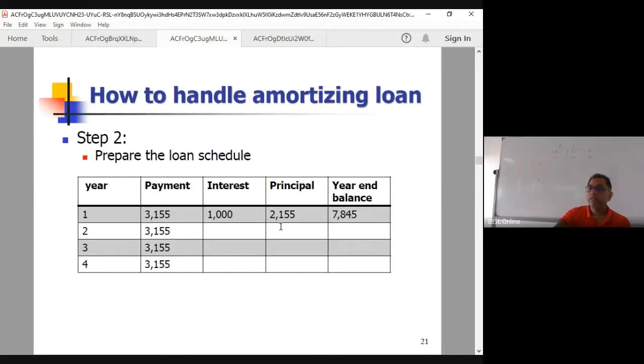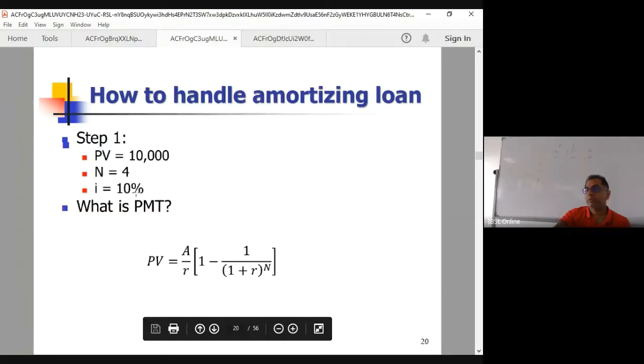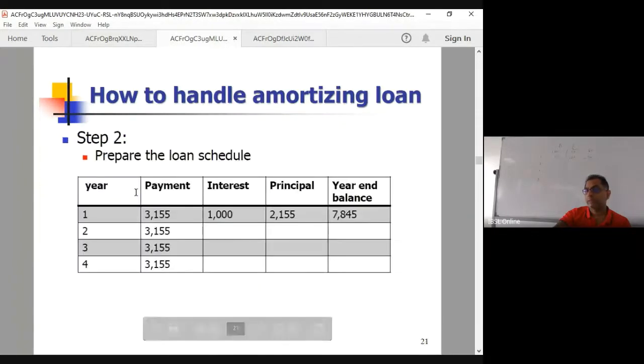So in other words, your principal starts to increase and your interest starts to go down because the balance is going down year on year. So what happens here, 2 things are happening. You are giving your client a fixed payment schedule because the interest rate you're paying is fixed at 10%.